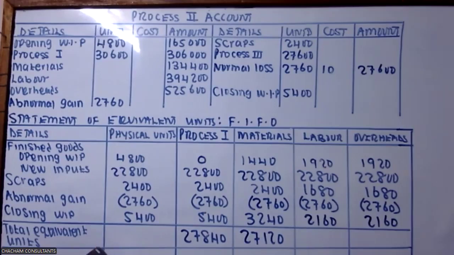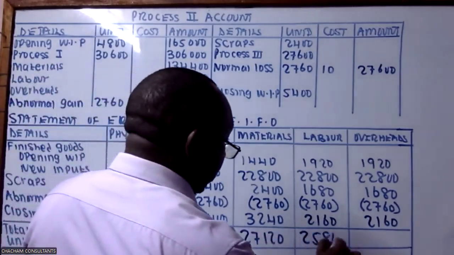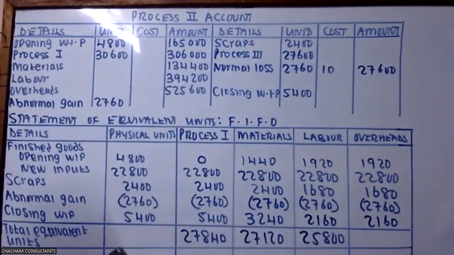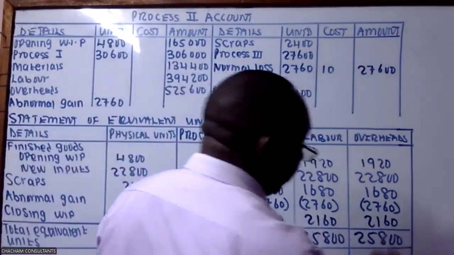Then 1,920 plus 22,800 plus 1,680 minus 2,760 plus 2,160 is 25,800. The same for the last column, 25,800.